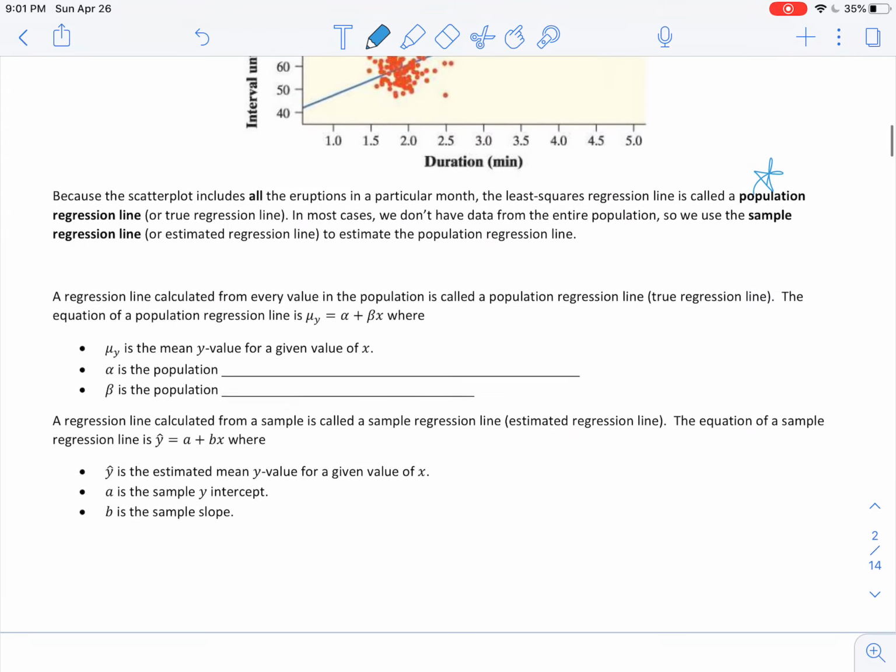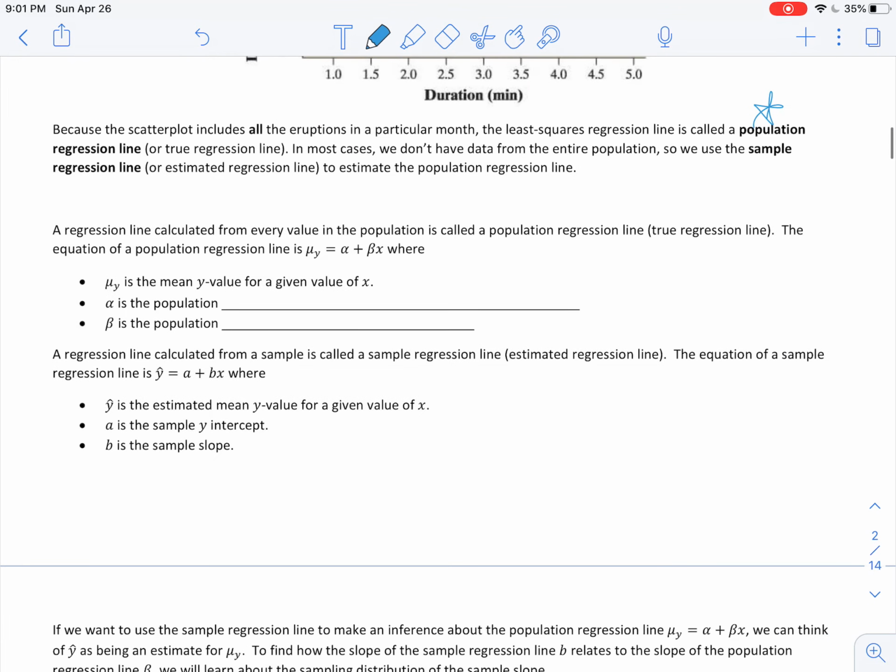So it would be when you took your sample of 15 and you found your sample regression equation, of which we reported the sample's slope. We don't usually have the whole population, so we rely on our sample. But a regression line calculated from every value in the population, this population regression line, will have a similar format.